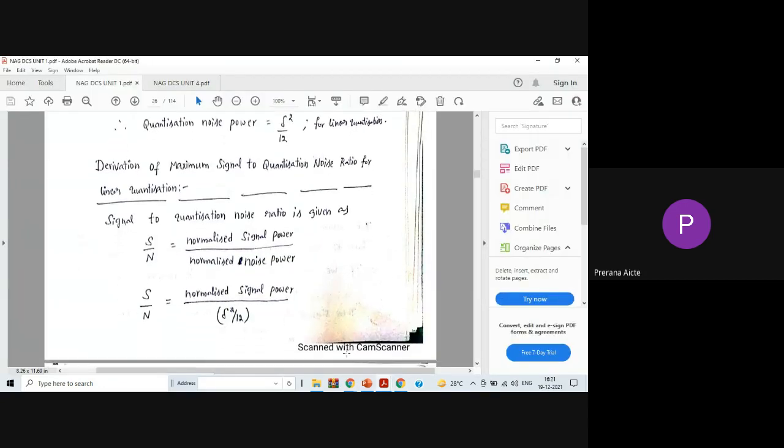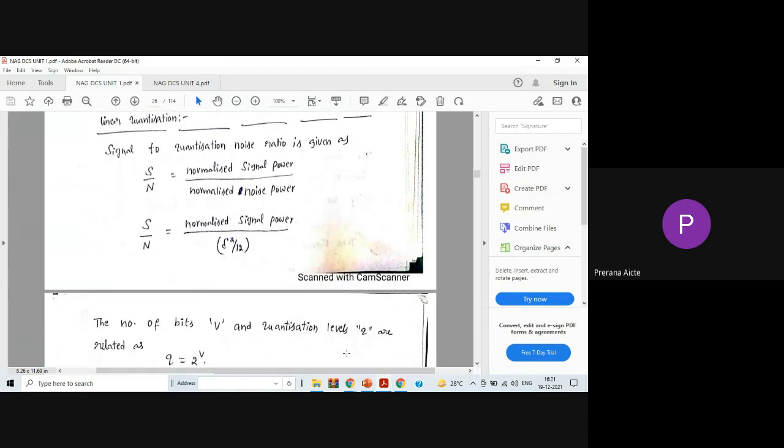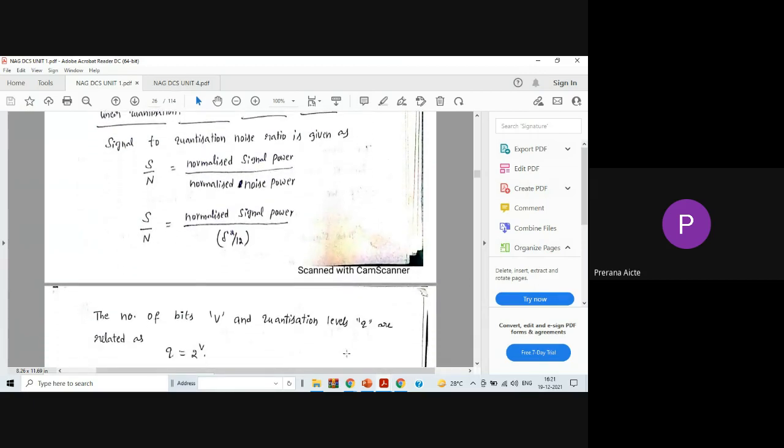So how do you obtain this? By taking this derivation, that is the signal to quantization noise ratio. It should be S by N equals, what is the formula? Signal power by noise power. Just now we have written, right, the noise power is delta square by 12.